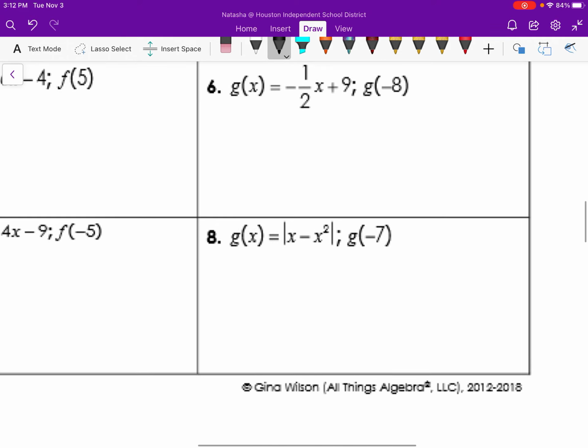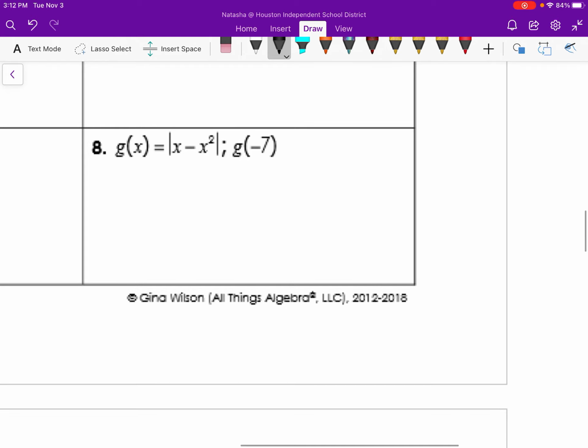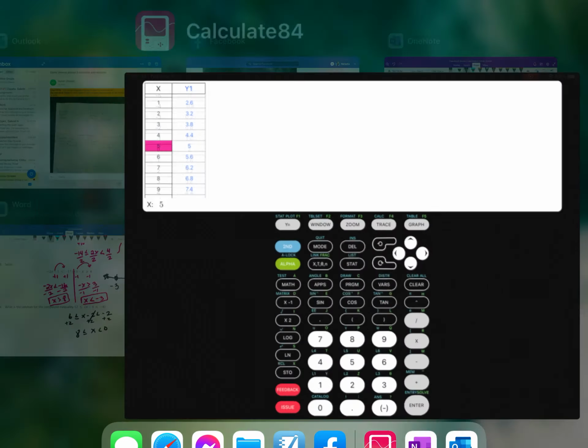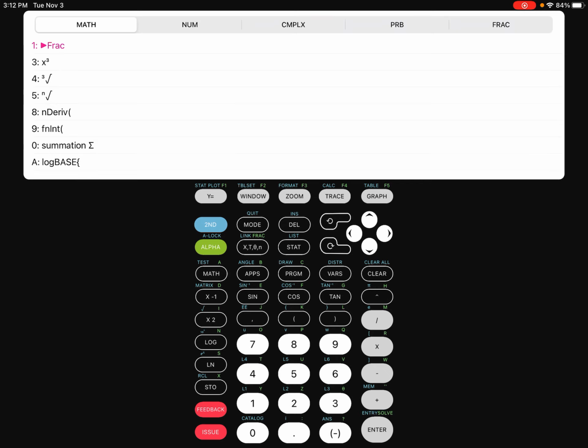And we can also use our calculator for this. So if I want to do number 8, now these are our absolute value notations, and I'm going to show you on my calculator how to find absolute value. So I'm going to go to y equals, and I'm going to clear my fraction. And I'm going to go to this button right here that says math. And then over here at the top, you see math, number, complex, probability, fraction.